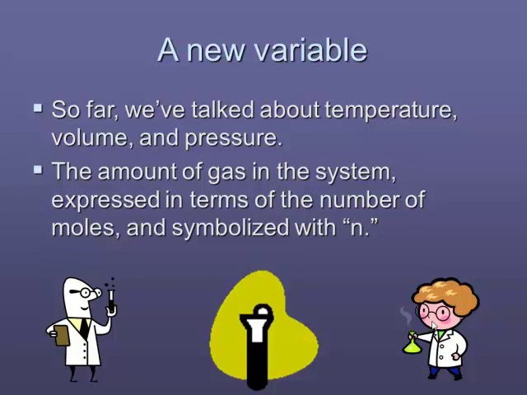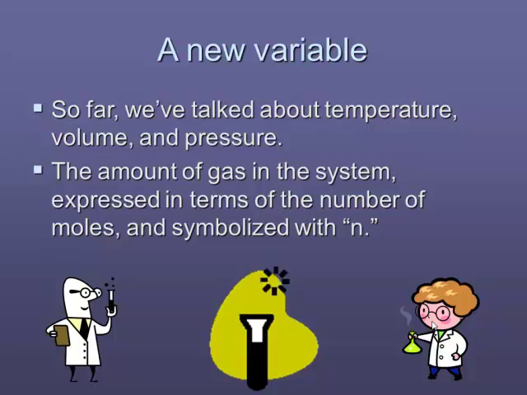Are you starting to see a trend? Anytime you have a direct relationship, that would be corresponding to some kind of division. Any time you have an inverse relationship, that is involved with some kind of multiplication. So let's see if you can predict where n should go.